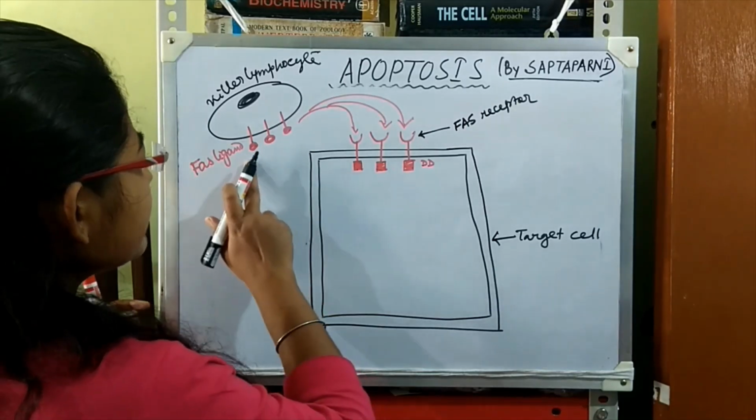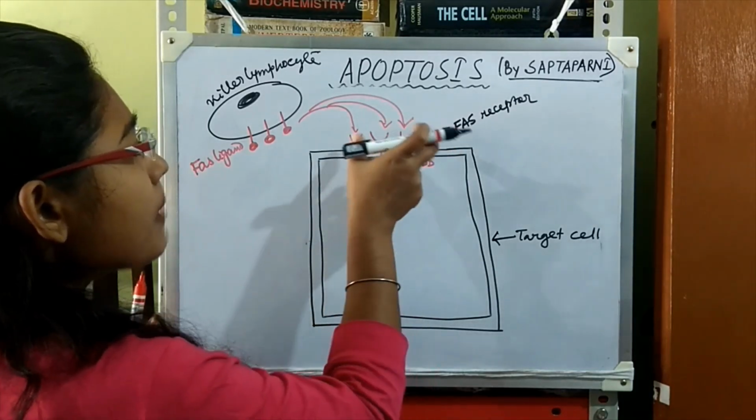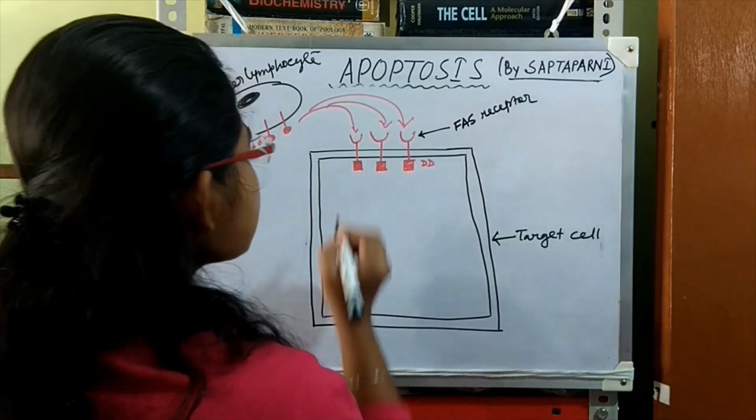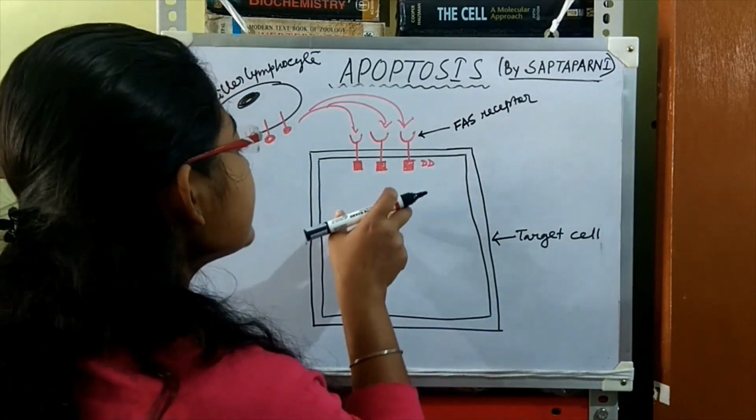As the Fas ligand binds to the Fas receptor, it activates adapter proteins inside the target cell.